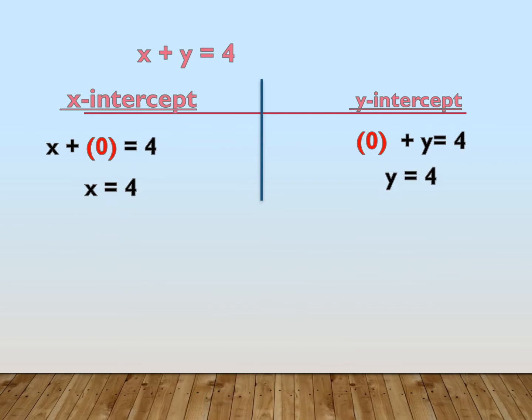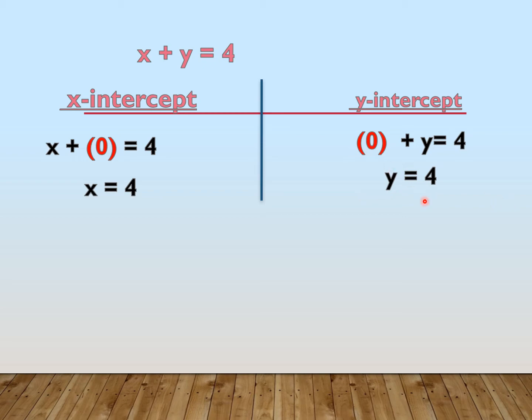Ganun din po ang gagawin. Let's find the x-intercept and y-intercept. So, by plugging in 0, replace lang natin by substitution. So, x is equal to 4. So, to find the y-intercept, papalitan lang natin si x. So, y is equal to 4.